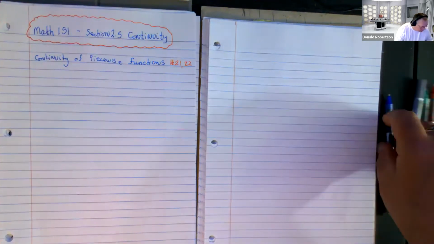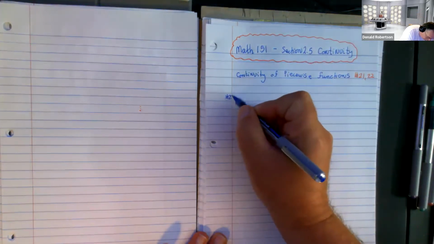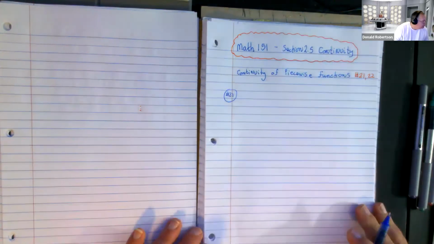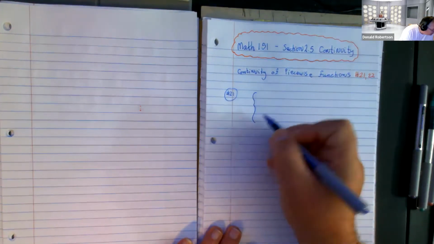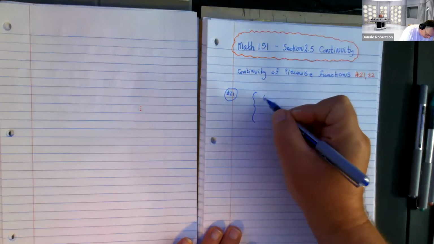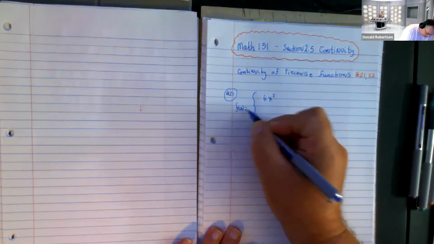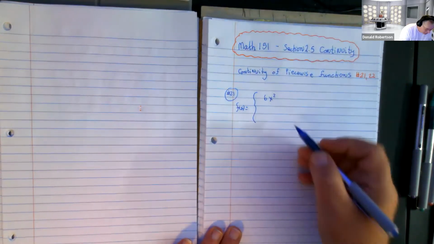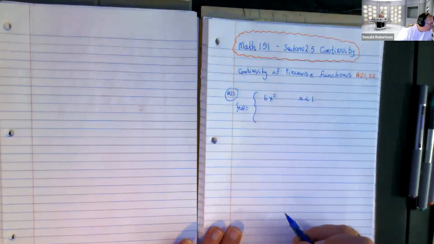So the first one I'm going to do, I think it's a version of question 21, but question 22 is very similar, so it might be clearer. And we have a function, and it's described in the piecewise notation where it looks like this. It takes on the value 6x squared for values of x that are less than -1.